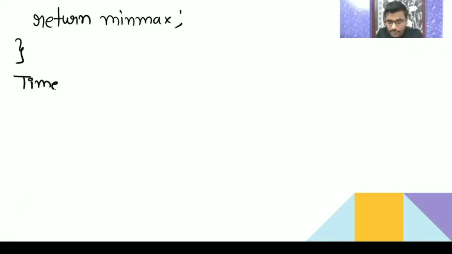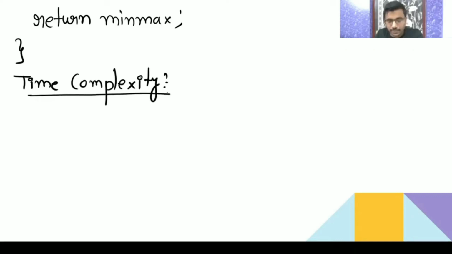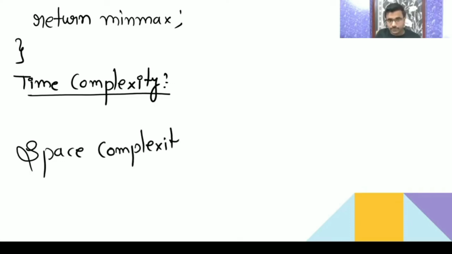Tell me what is going to be the time complexity and the space complexity. If you understood it, then try to give me the time. See your notebook and try to analyze. Give me the time complexity and space complexity. Try to find.